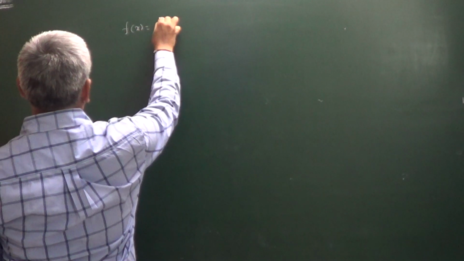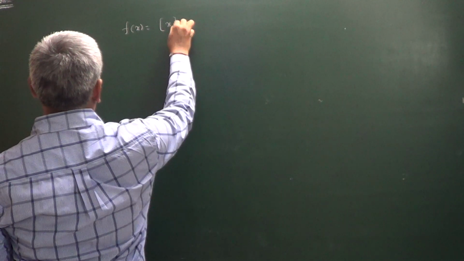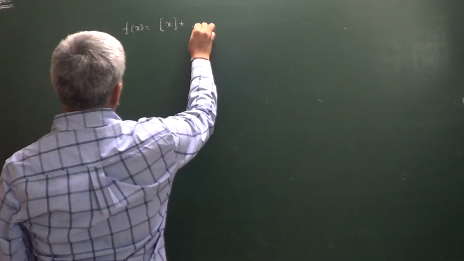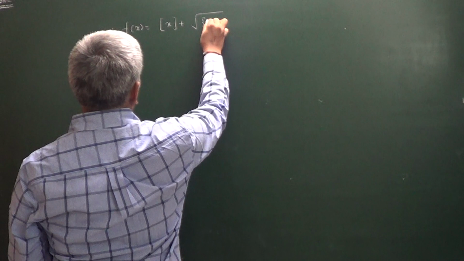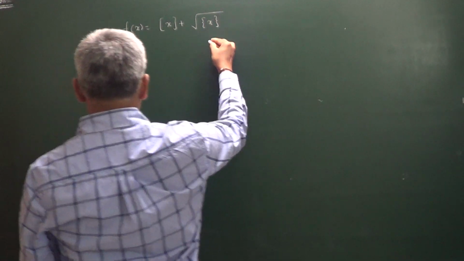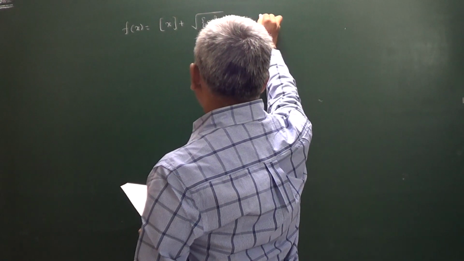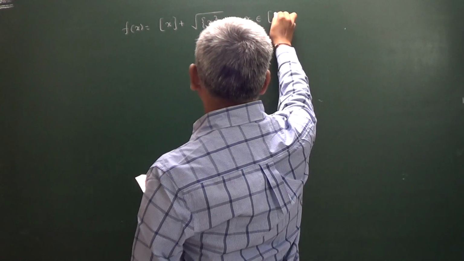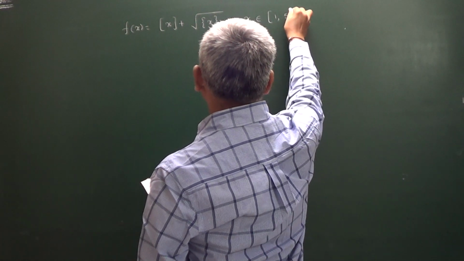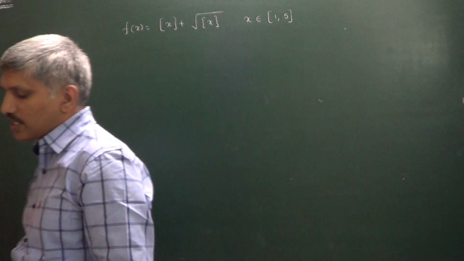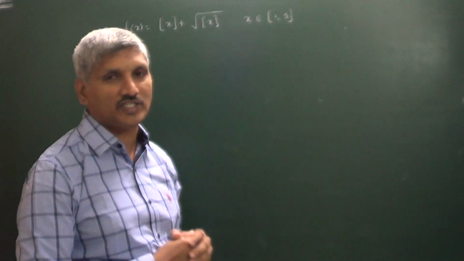So this is another question. f of x is equal to integral part of x plus square root of fractional part of x, and also given that x belongs to the closed interval 1, 5. He is asking for the number of points of discontinuity and the number of points of non-differentiability for this function.